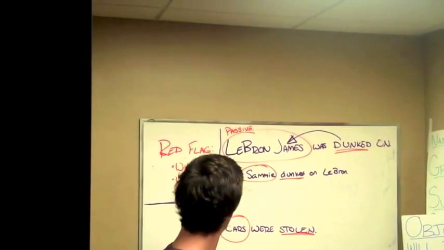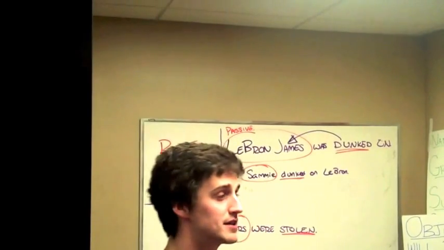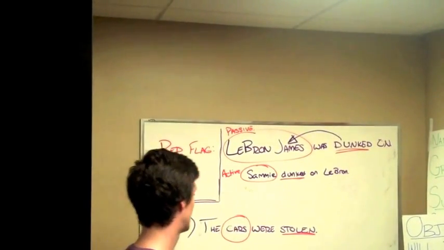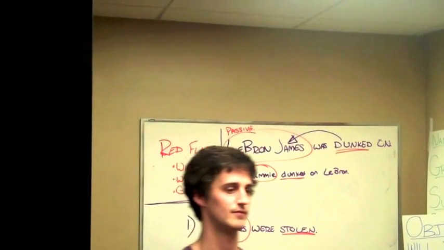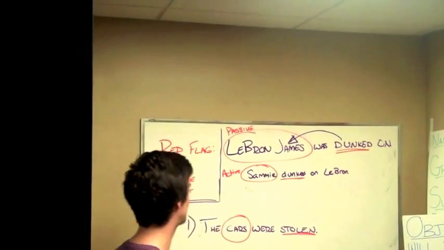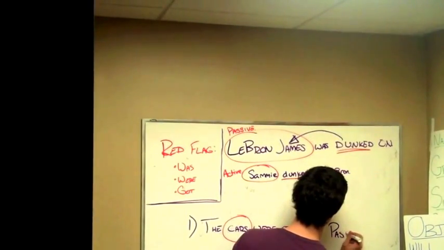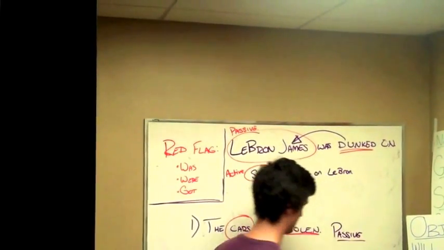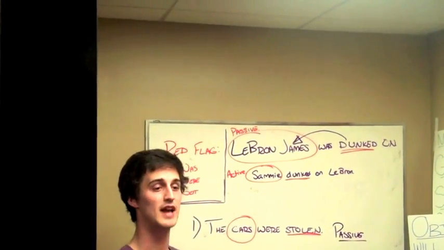Now, is this a passive or an active sentence based on the definition we just came up with? Are the cars doing the stealing, or is the stealing happening to the cars? Stealing is happening to the cars, so this is passive. Good. Alright, let's revise this to an active sentence.